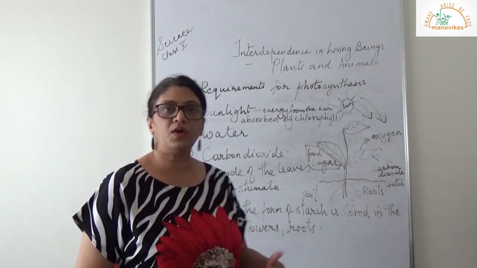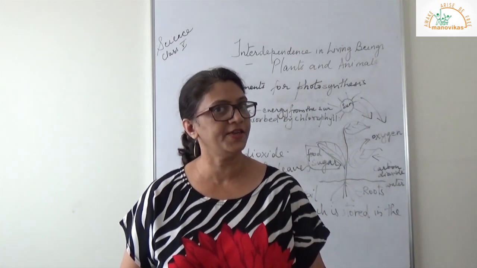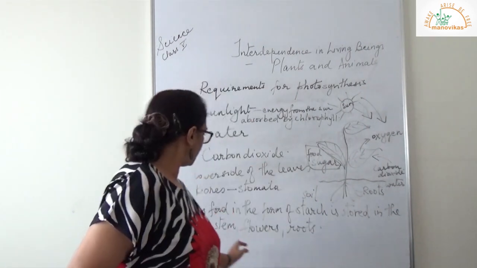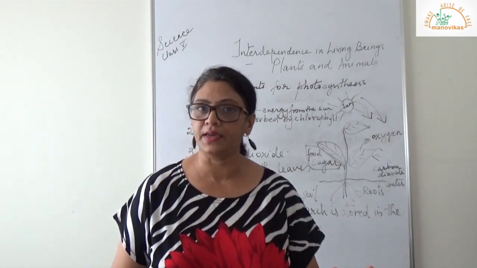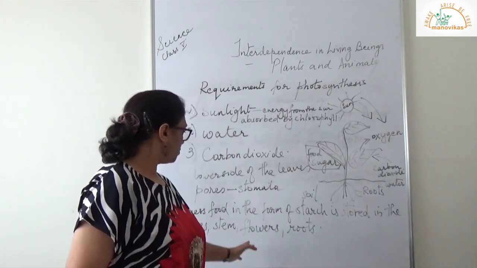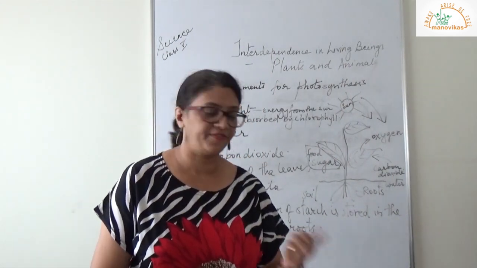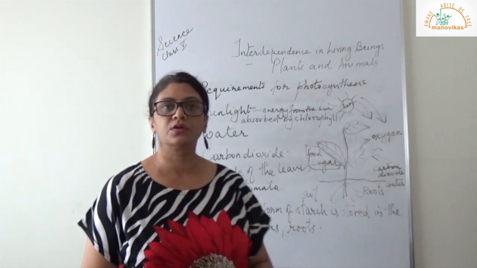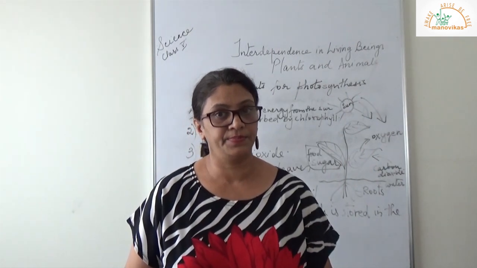Now, leaves. What are the leaves that we eat? Spinach is an example. What about stem? Onion. Potato. What about flowers? Cauliflower. What about roots? Carrot, beetroot.